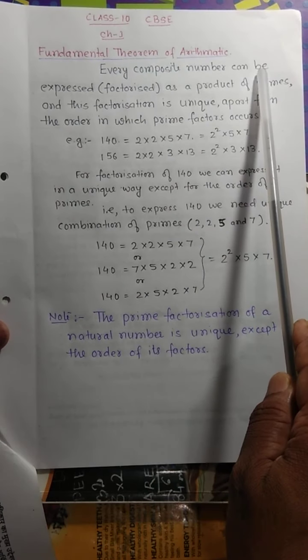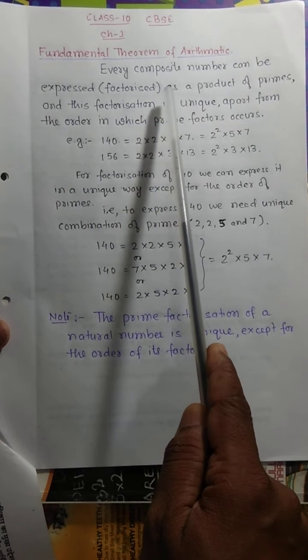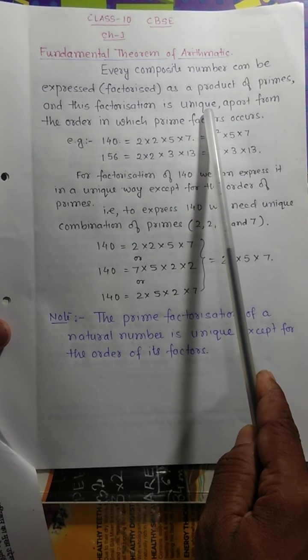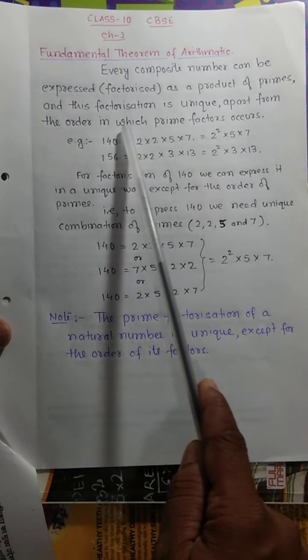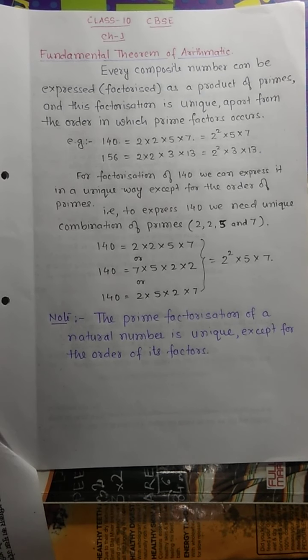Every composite number can be expressed, means factorized, as a product of primes, and this factorization is unique apart from the order in which prime factors occur. It means that any composite number can be written as a product of prime numbers, and this factorization is unique apart from the order in which prime factors occur.